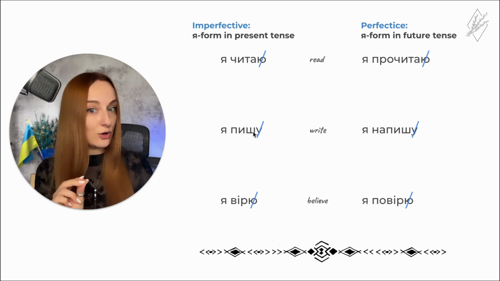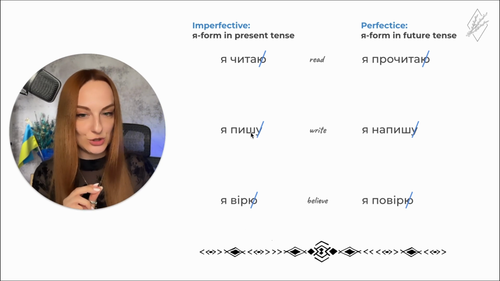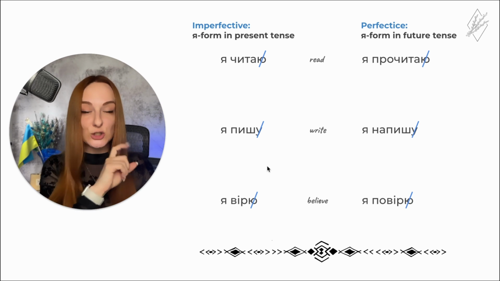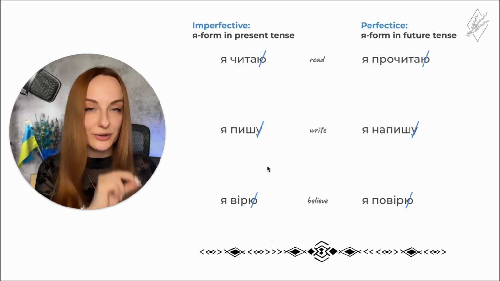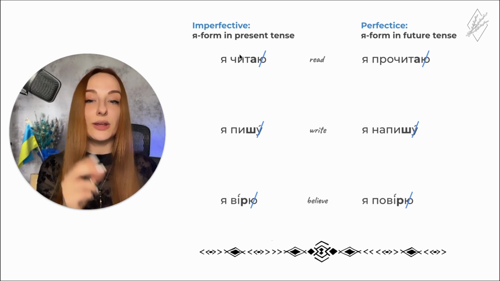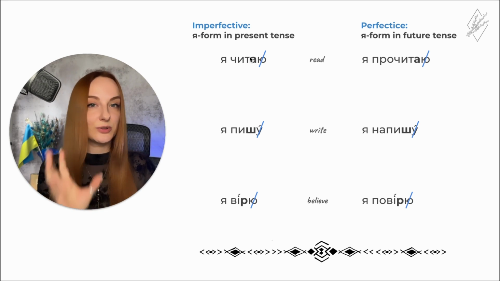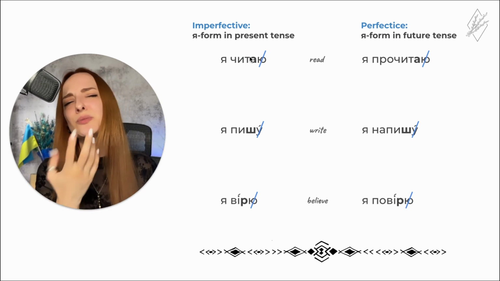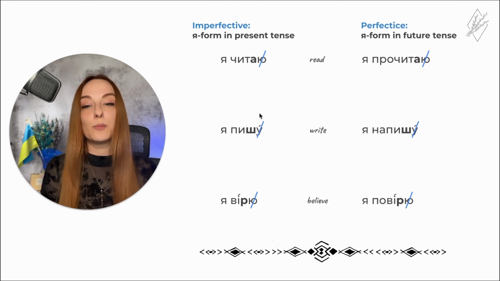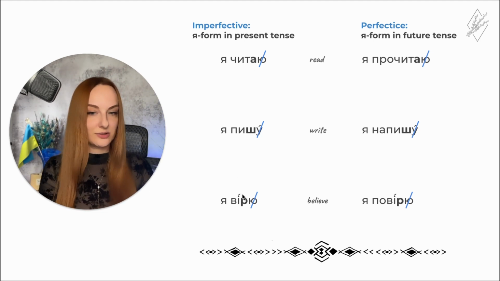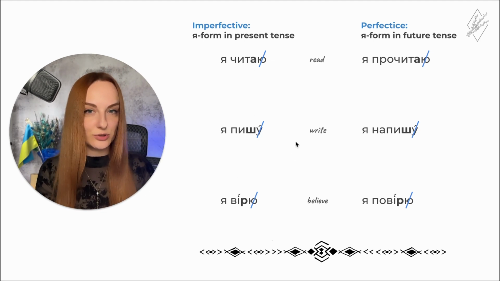Or will it be a consonant, like in these two situations, right? This already will help you to define the group. So if it's a vowel, if it's A, then this will always be the first group, and this will be the most popular group.